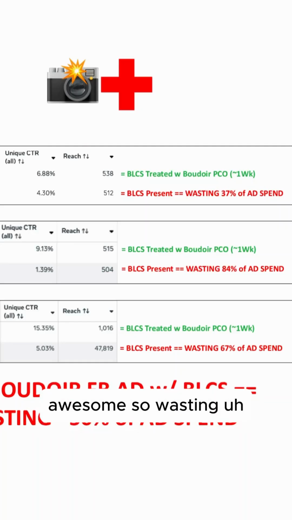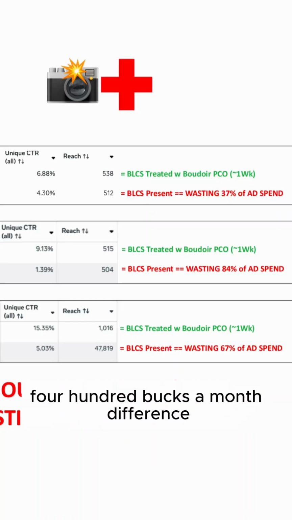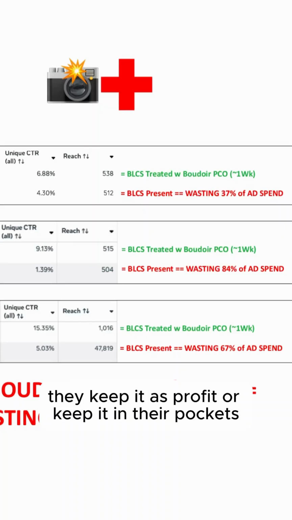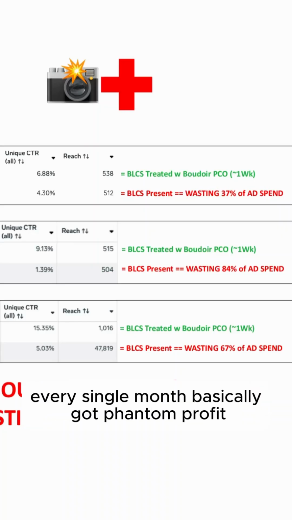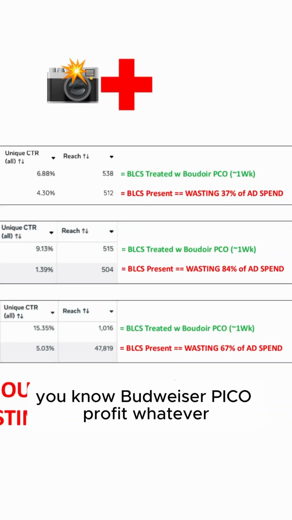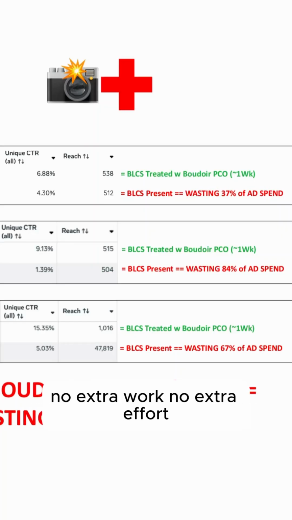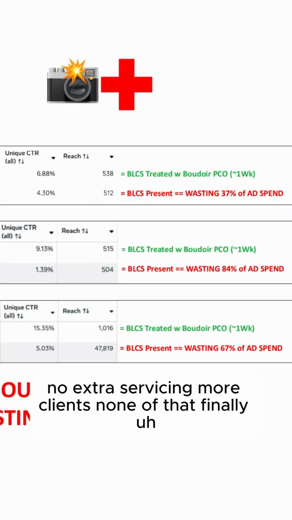Awesome. So that $8,400 a month difference that they no longer have to spend, they keep as profit, basically a phantom profit, Boudoir Pico profit, whatever. At the end of 12 months, it's basically 100K extra in the bank. No extra work, no extra effort, no extra servicing, no more clients, none of that.